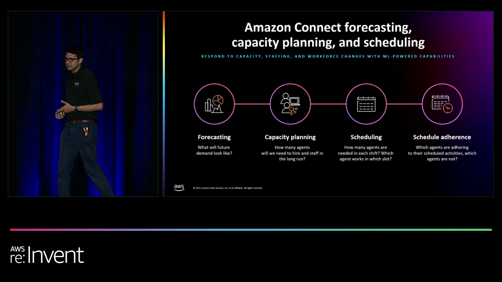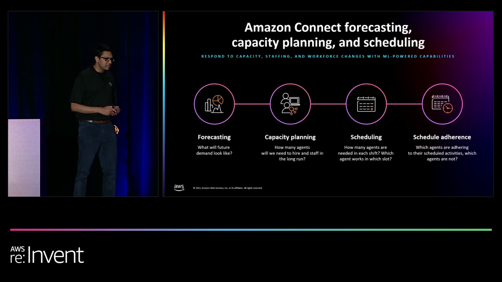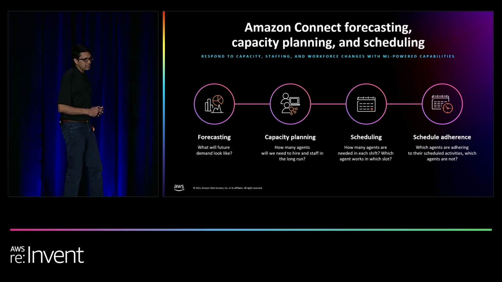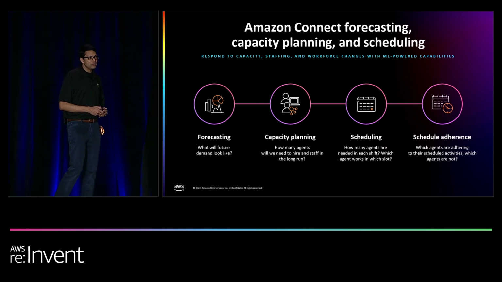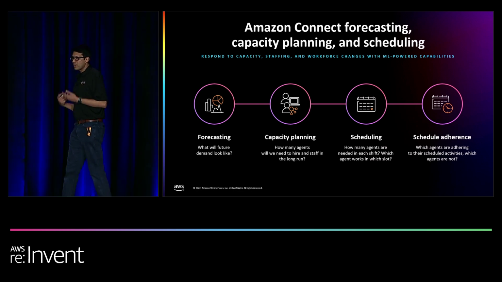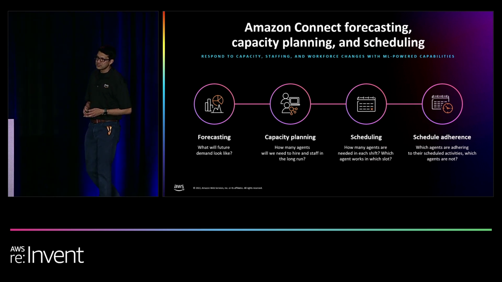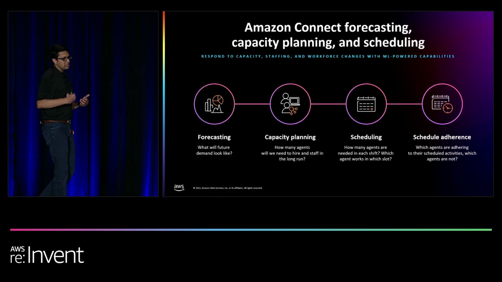Second one is capacity planning. Using the forecast that we generated, you'll be able to easily look at how much headcount or FTEs are required for the next 12 months to determine when to hire, what kind of skills you need, as well as look at the training ramp-up time, et cetera.